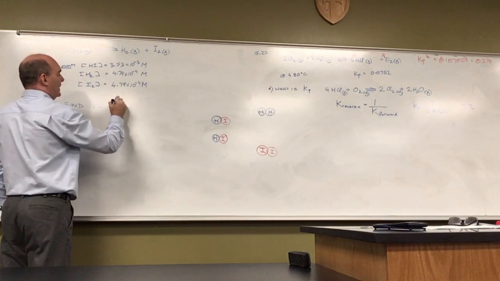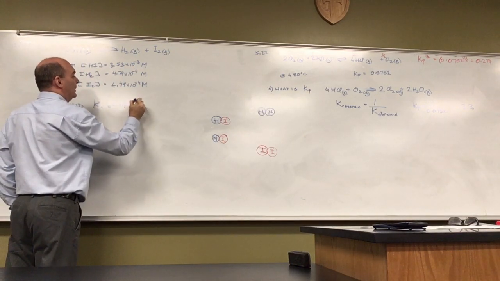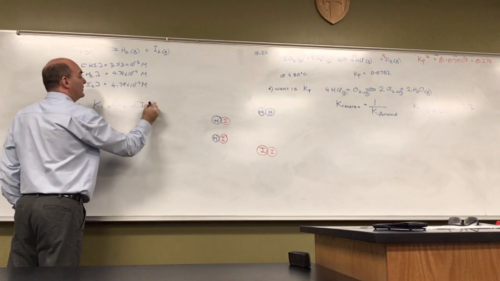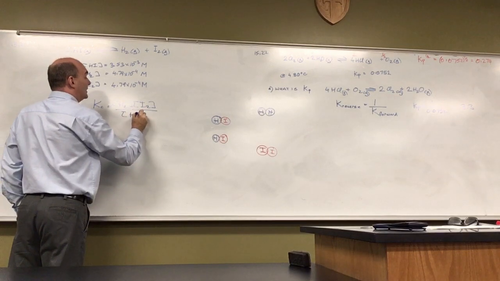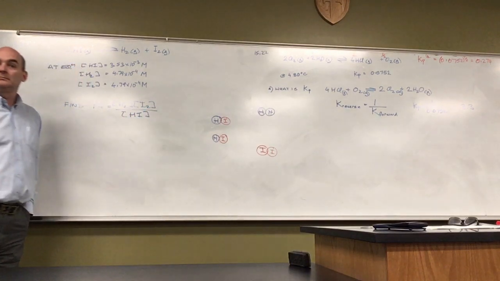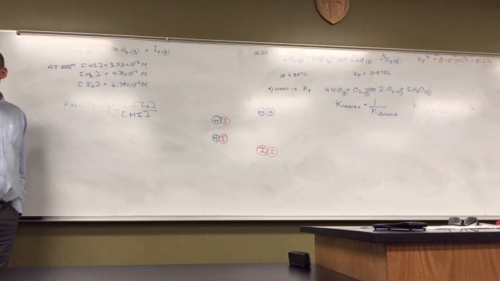Kc is products divided by reactants. Products is H2 over I2. Reactants is HI. You put all the numbers in and you should get the right answer. Maybe, no, yes, no. No, not yet.